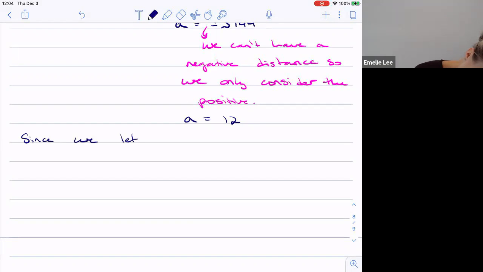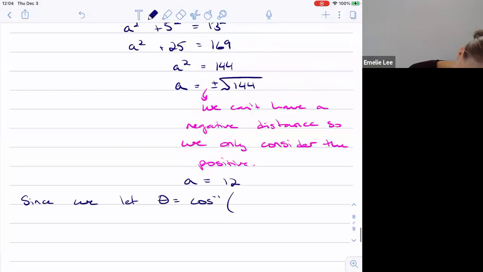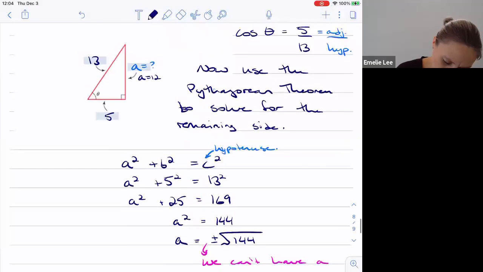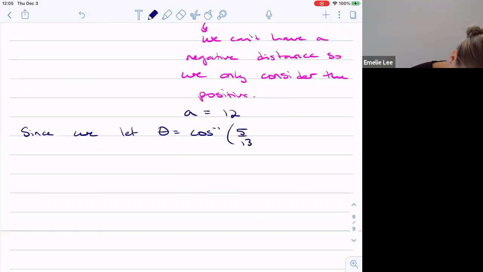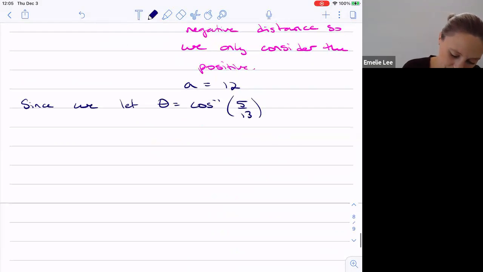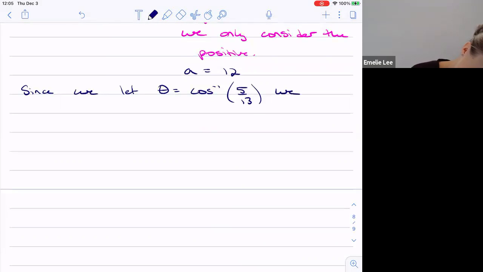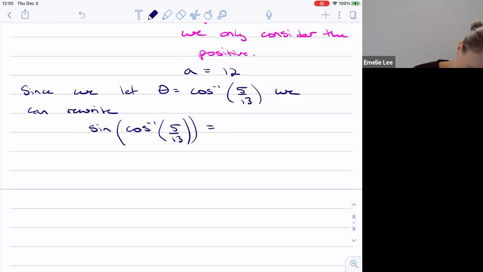Since we let theta be the cos inverse of 5 over 13, we can rewrite sine of the cosine inverse of 5 over 13 as just the sine of theta.